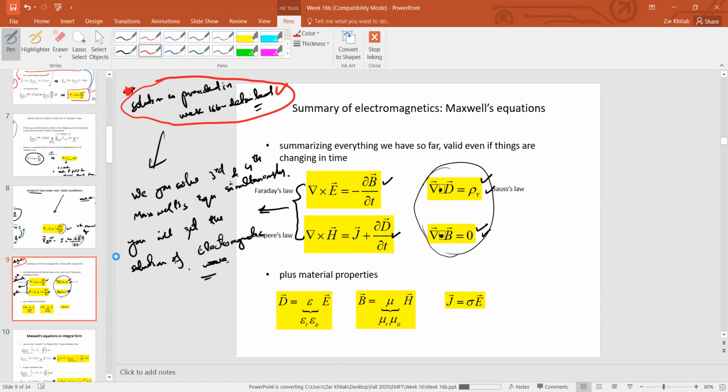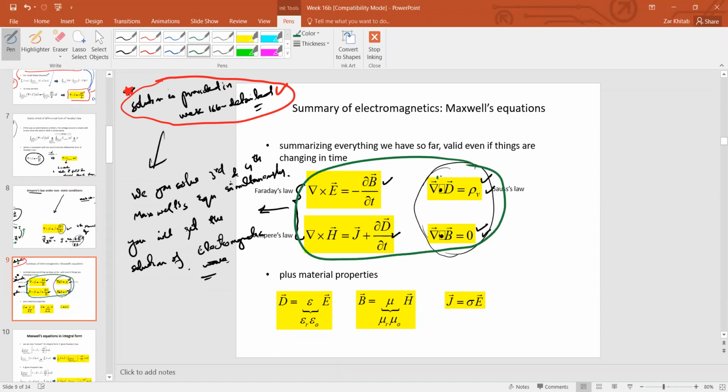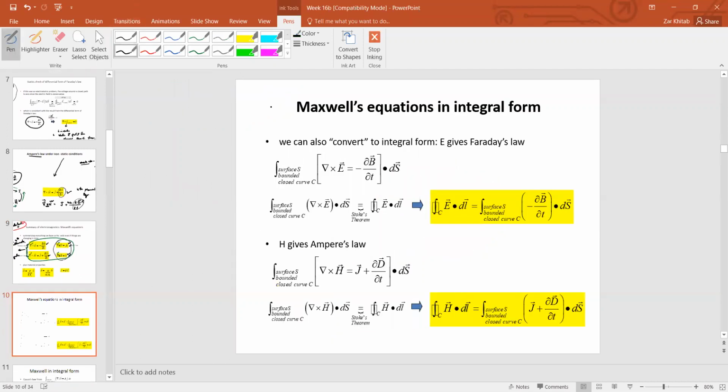If you closely see, these are the four Maxwell equations, and all are in the differential form. You can transform them into integral form. If you take the third Maxwell equation and take the integral on both sides, this is the third Maxwell equation in the integral form.